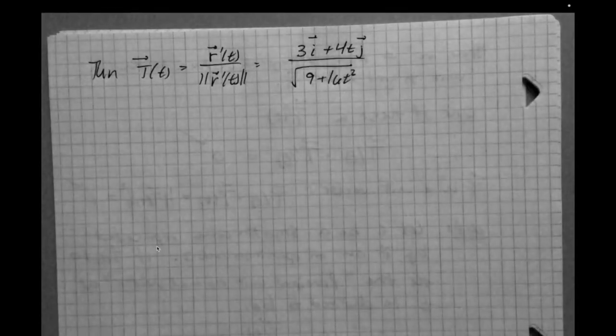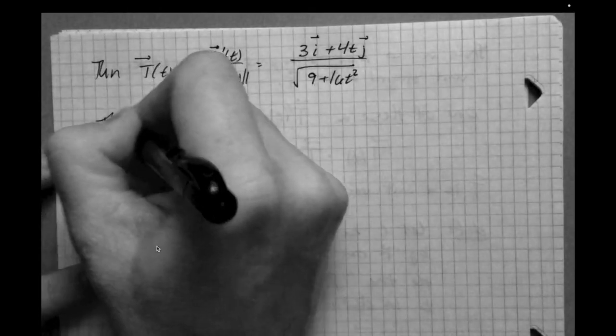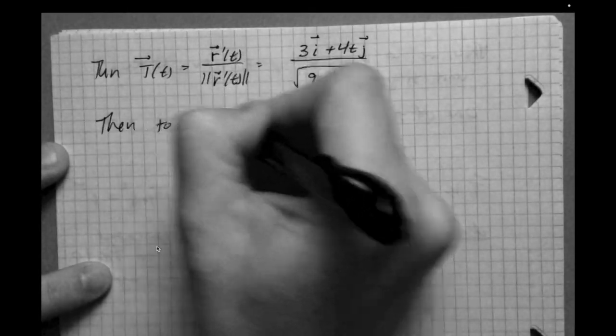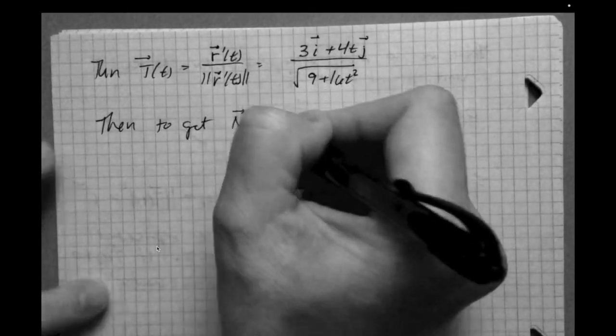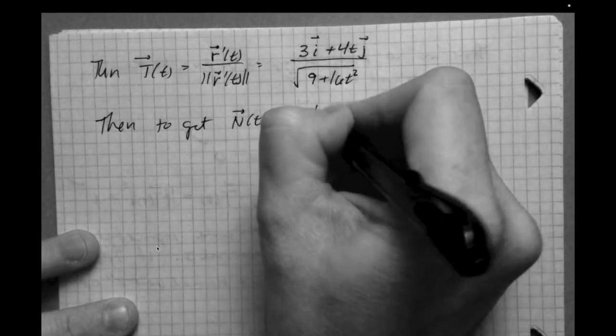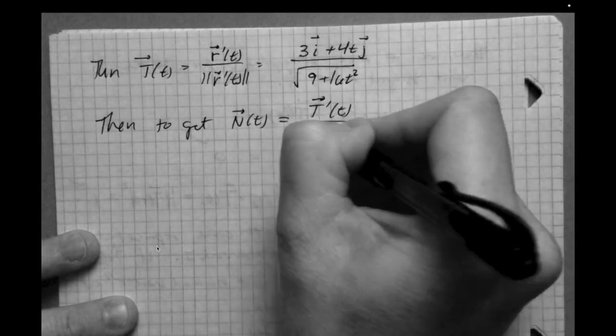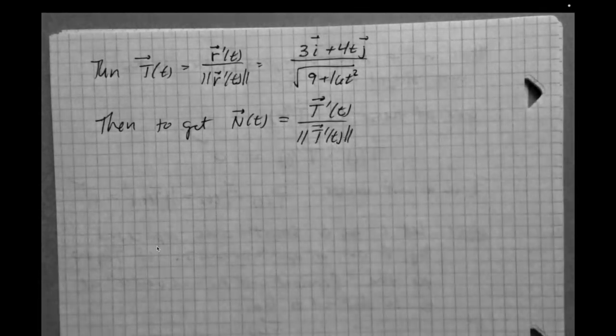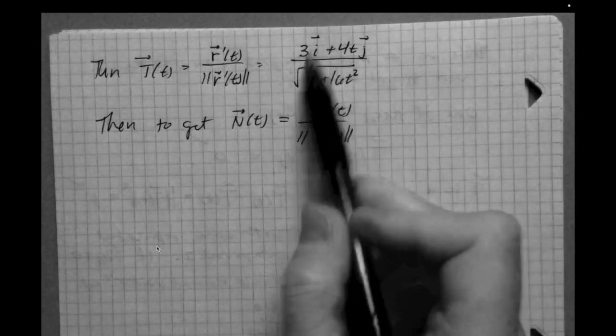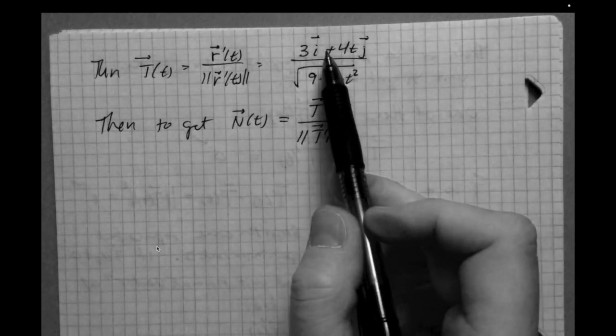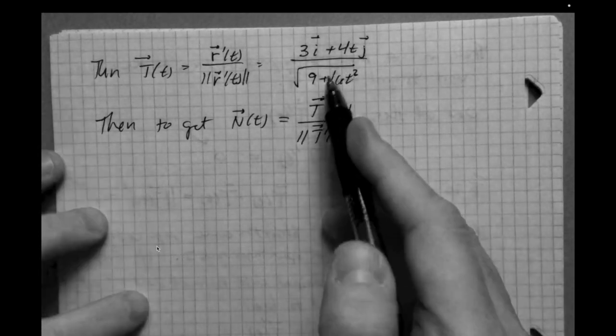Okay, so we got this. Now next we want to get to N of t, and we know that that is T prime divided by its norm. So we need to differentiate this first of all, and then we have to find the norm of that.